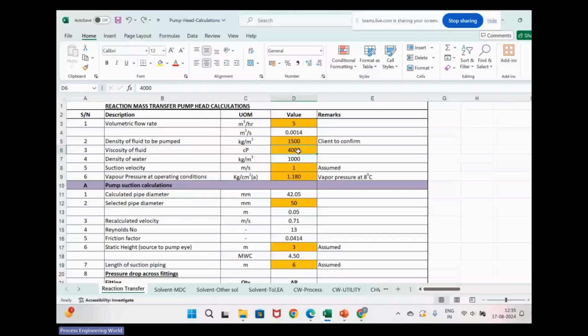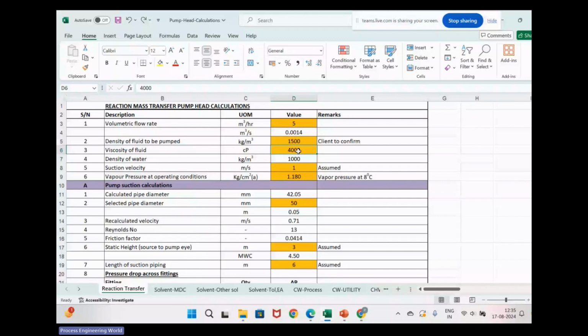So your density will be 1000 by 1000, which is 1 kg per ml. Then you will convert it into kg per meter cube. With the help of that experiment, you can get the density of the reaction mass or any mass which your organization is manufacturing, for which data is not available on the internet.